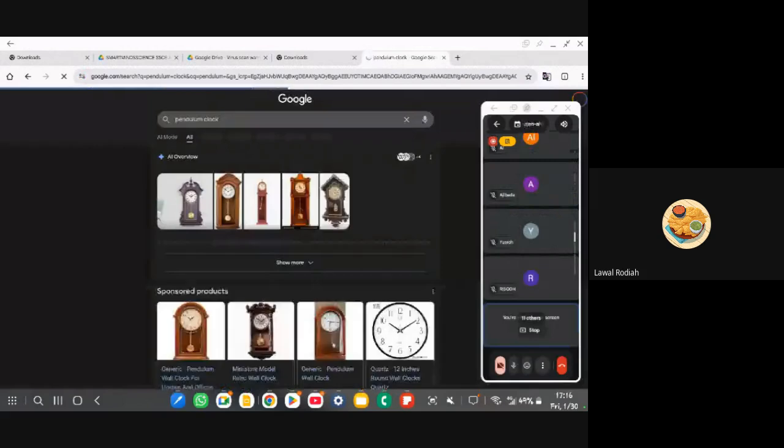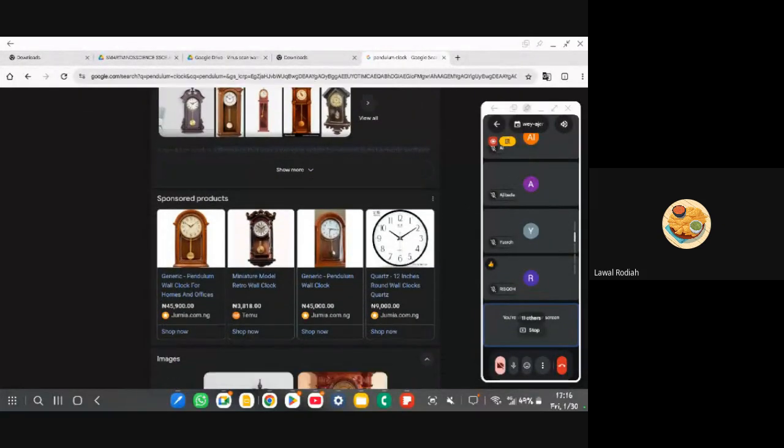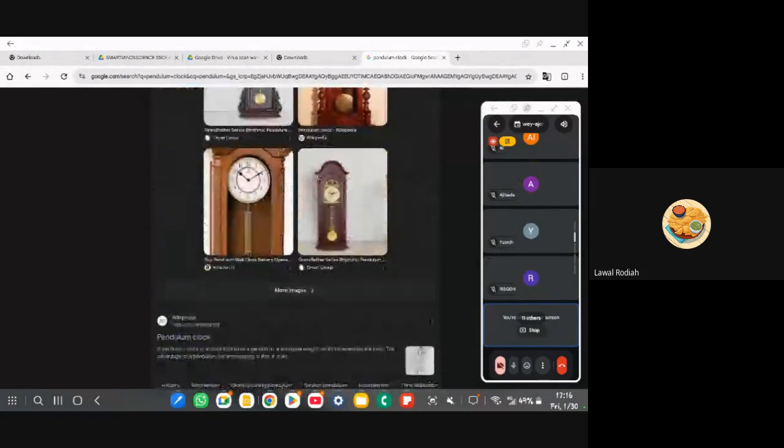The pendulum clock. Now, can you see it? Most of you have seen it before. It's not very common anymore. Look at it here. It makes that bang, bang, bang. It's called Aguelepon. That's what the Yorubas call it.